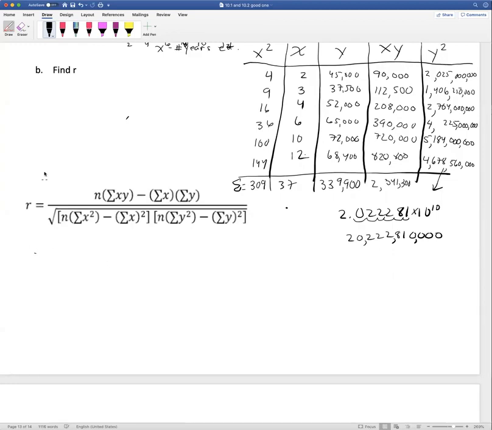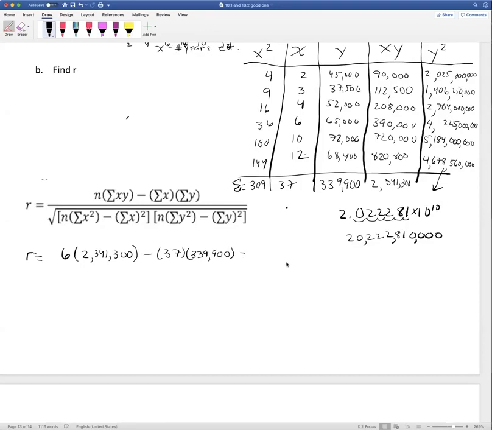So for Pearson's correlation coefficient, and we are going to use these numbers again, we're not doing all this for naught, so don't worry about it. N represents the number of ordered pairs that we have, and we have 6 ordered pairs, times sum xy, so here's sum xy, 2,341,300, minus sum x, which is 37, times sum y, which is 339,900.